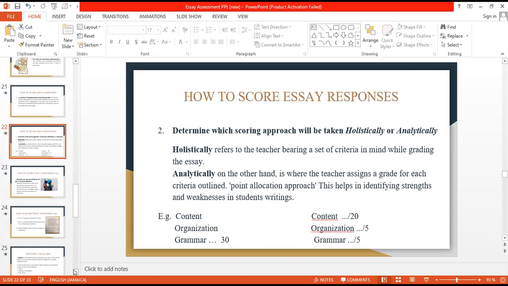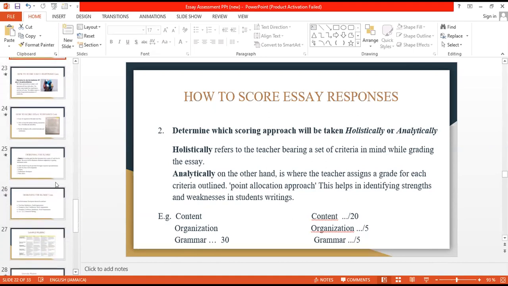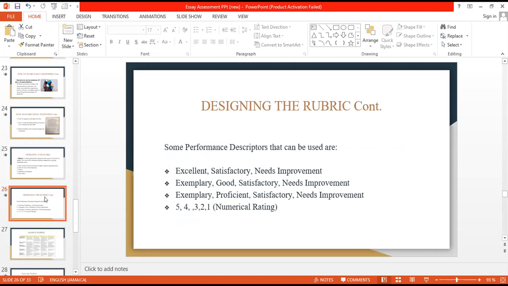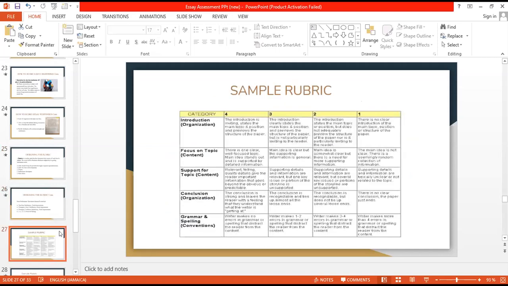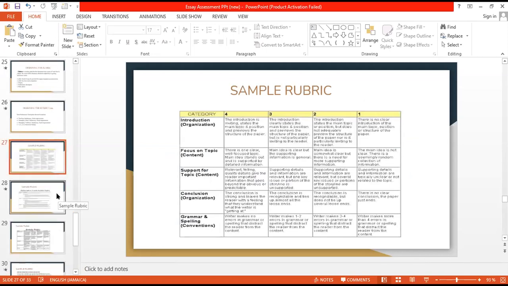So the rubric is the main guideline for giving any supply response question. Now, from what we discussed and what you have done in the group work, based on the questions, what guidelines do you want to give to the students to ensure that they answer those questions effectively so that they can get all the marks?